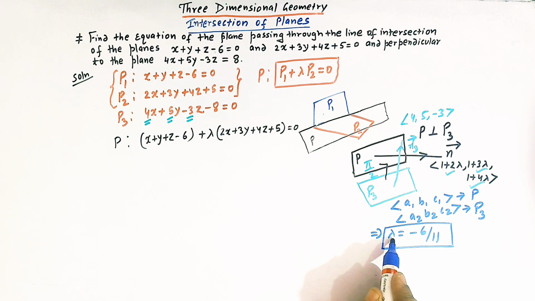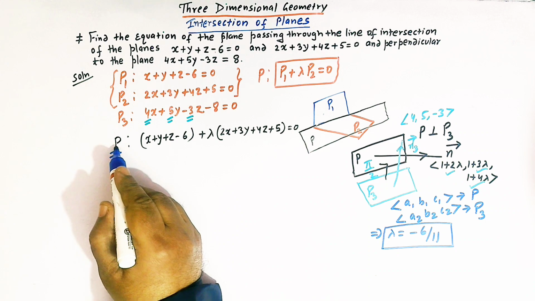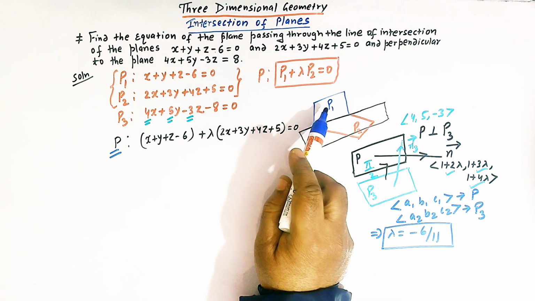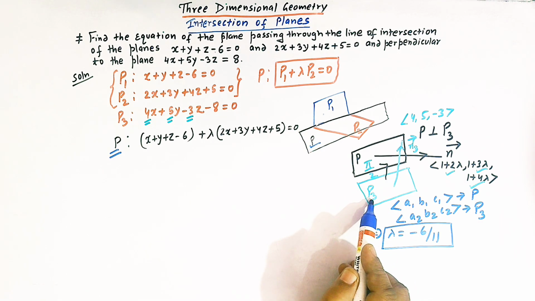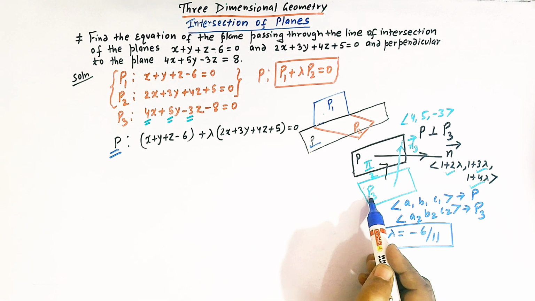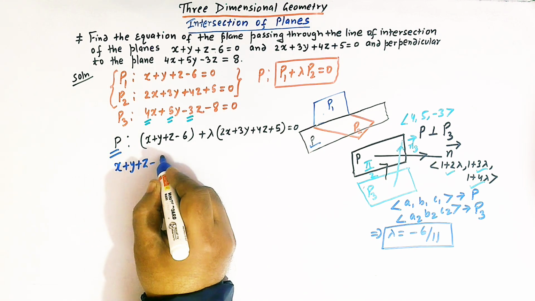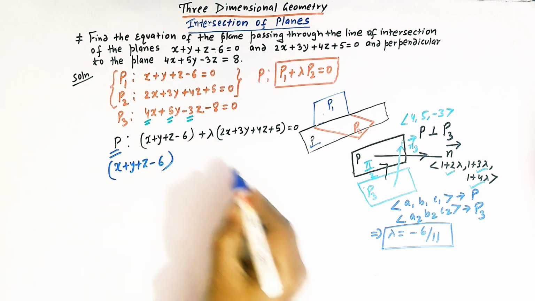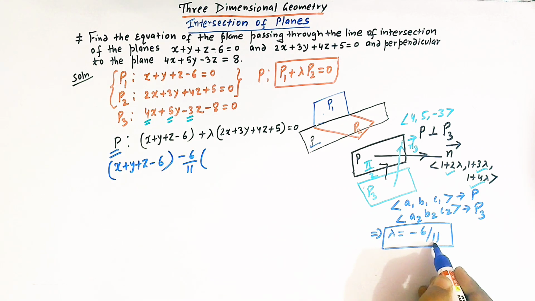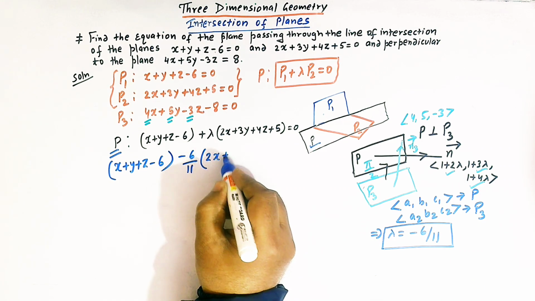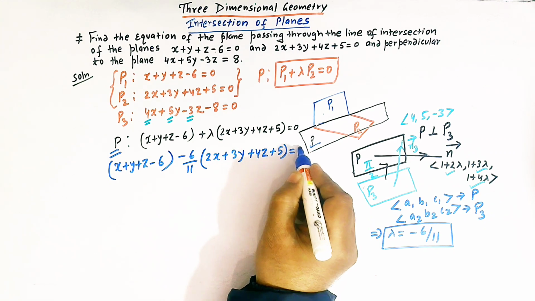So taking this value of lambda to this equation, we can obtain the equation of the plane P, which passes through the line of intersection of P1 and P2 and perpendicular to this plane P3, right? So we have x plus y plus z minus 6, and then here we have minus 6 over 11 times 2x plus 3y plus 4z plus 5 is equal to 0.